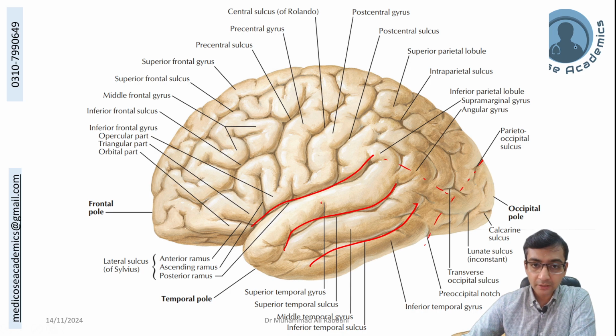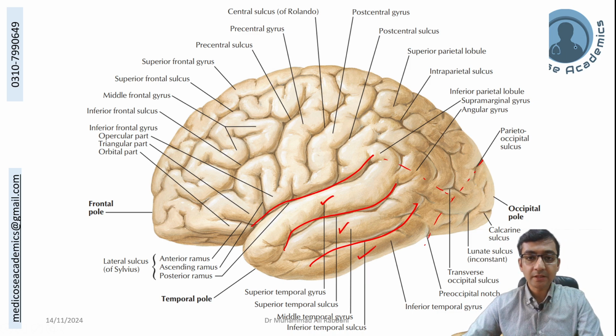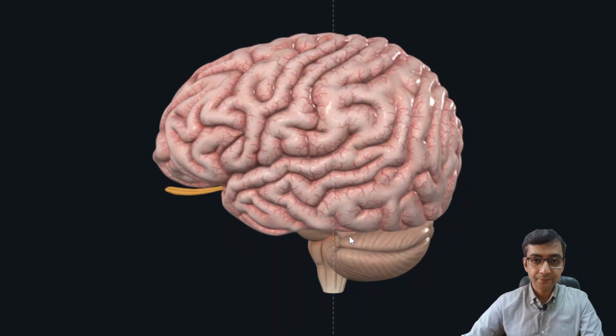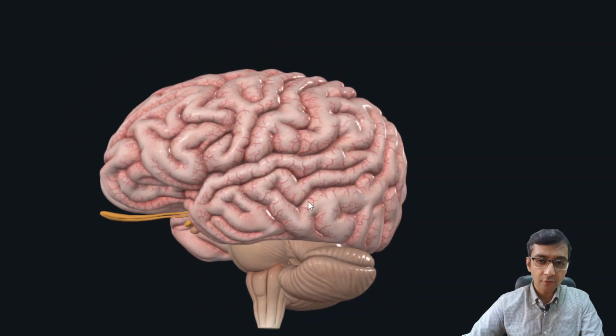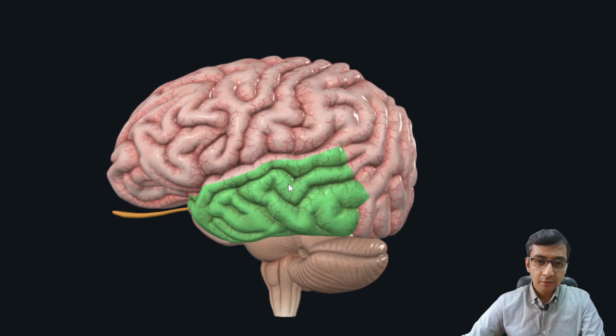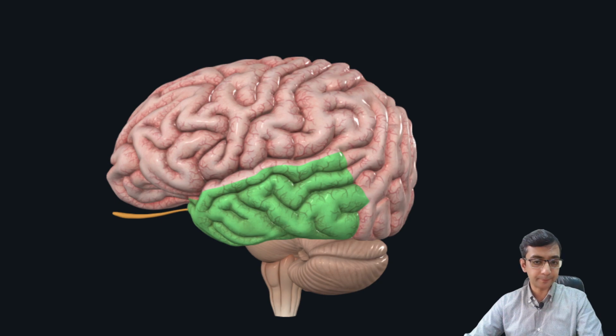And in between them, there are the superior temporal gyrus, middle temporal gyrus, and inferior temporal gyrus. It is as simple as that. They are not very clearly shown right here, but there are superior, middle, and inferior temporal gyri.